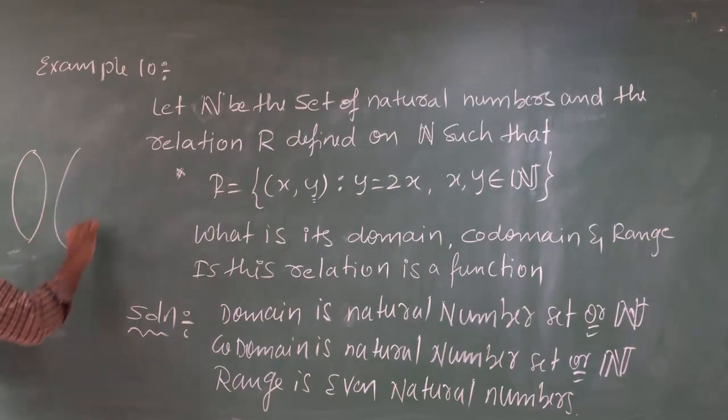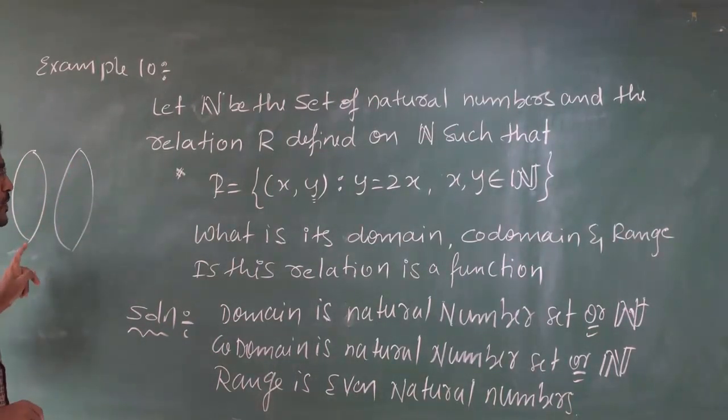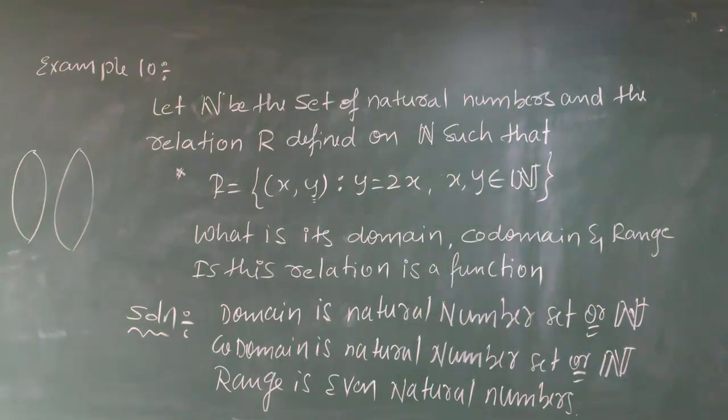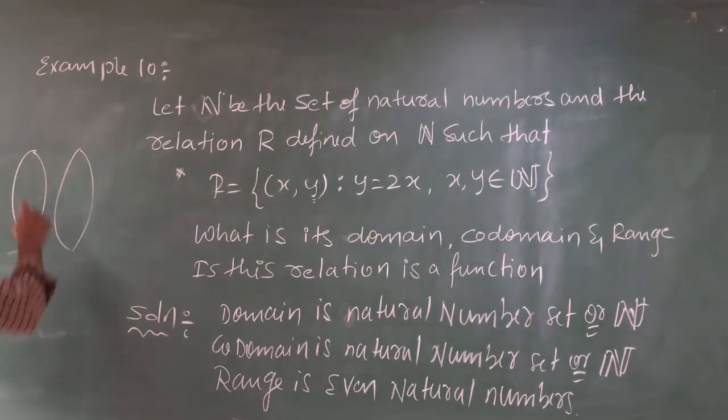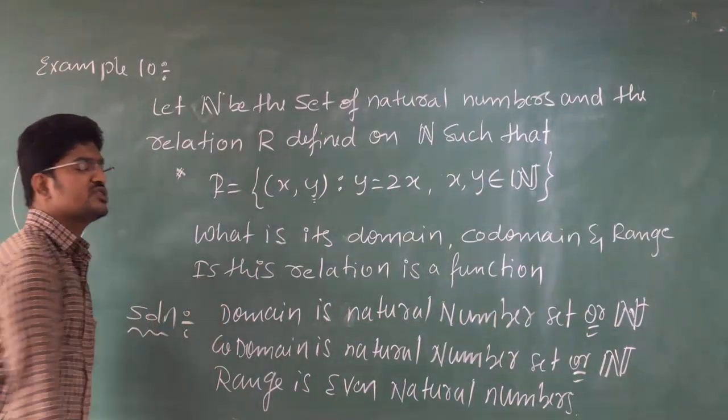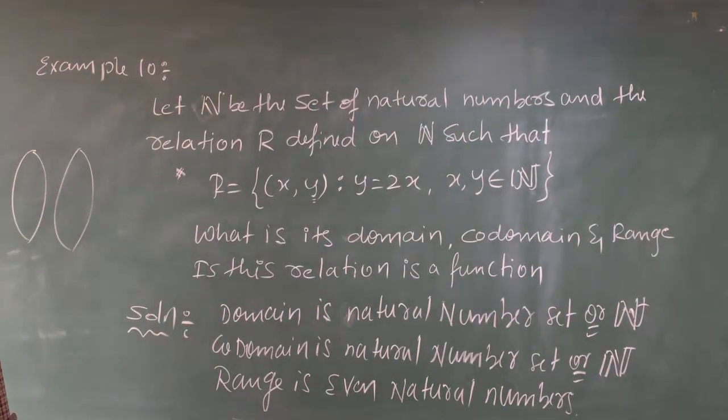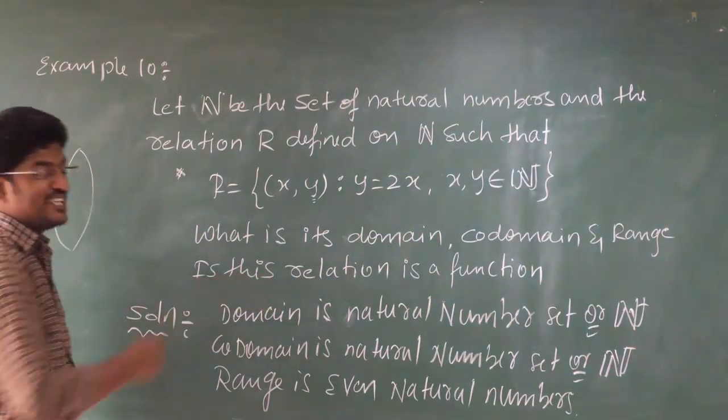That you know. Okay, what is that? See, this is your rough work. Please don't write it in the exam. Okay? Clear? This will be your rough work. This is the domain, this is the codomain. We have to check whether this relation is a function or not. So the domain is what? The natural number set.